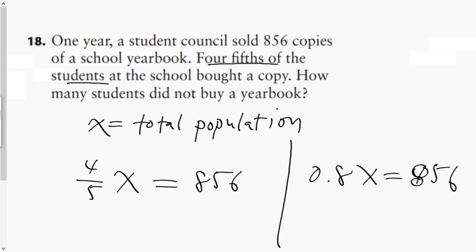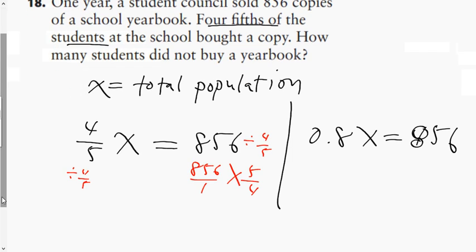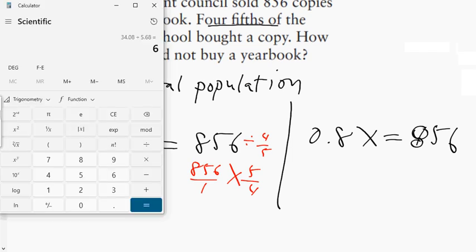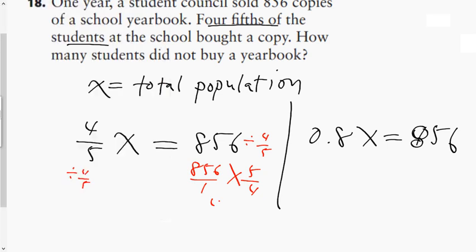But since it's Monday morning, and most of you are still currently asleep in your bed, I will do it both ways to show you that it works. So since this is 4/5 of x, or multiplied by x, I'm going to divide by 4/5. Whole number can be thought of as a fraction over 1, multiplied by the reciprocal. 856 times 5 equals 4,280. 1 times 4 is 4.